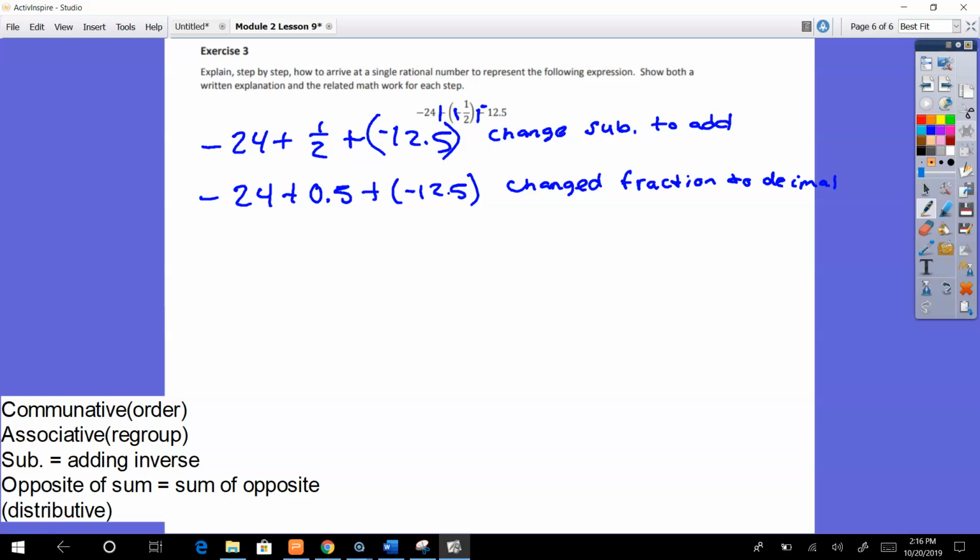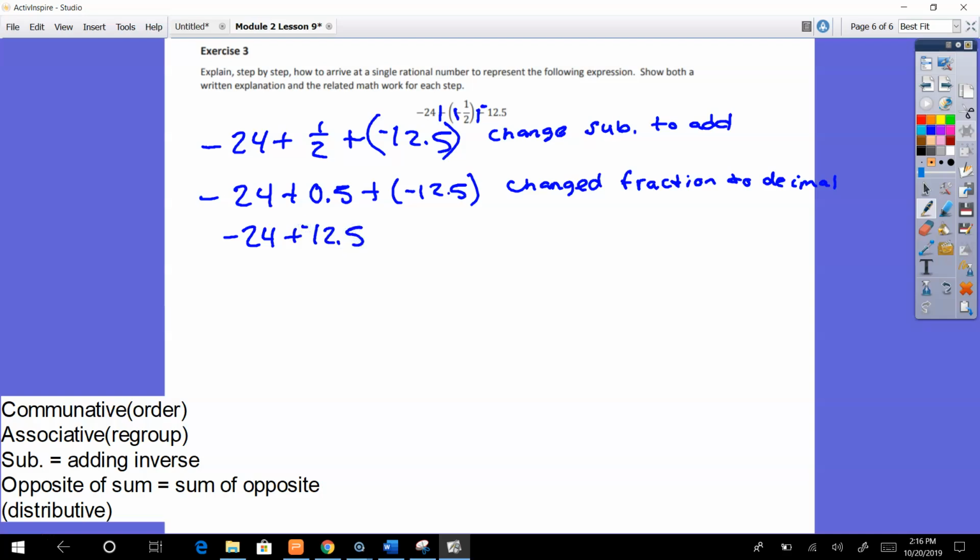Okay. Next, what do I want to do next? I'm going to do the 24 plus the negative 12.5.